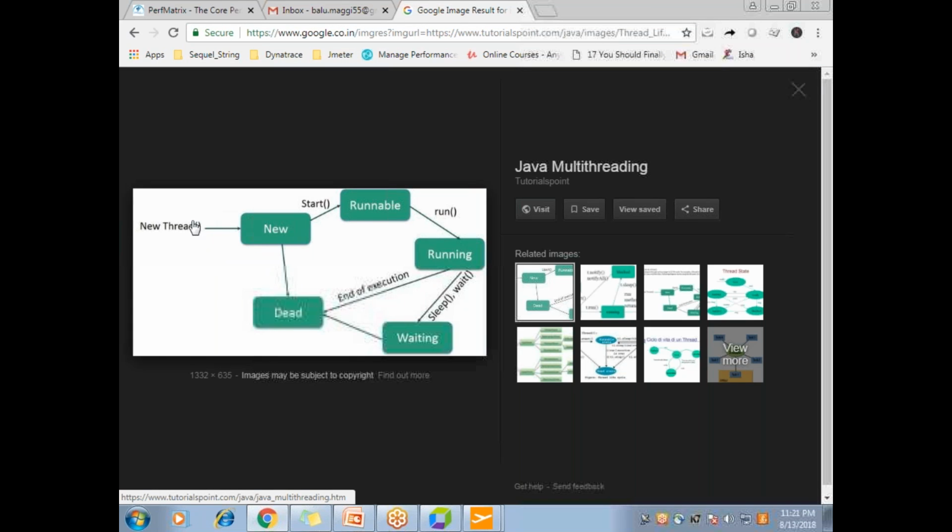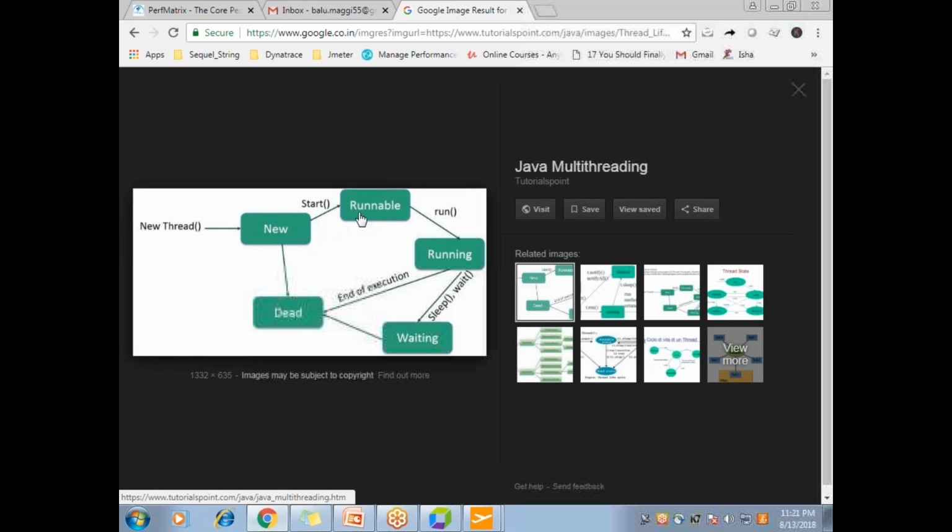As soon as a new thread is created, in the program they create it, right? Instantiation: new thread equals Thread. As soon as that piece of program runs, a new thread will be created. When a new thread is created, CPU time should be given to it, and a piece of memory will be allocated to it.